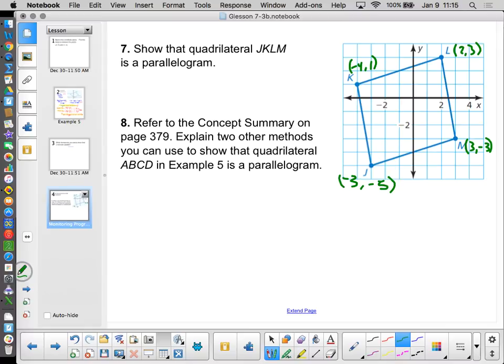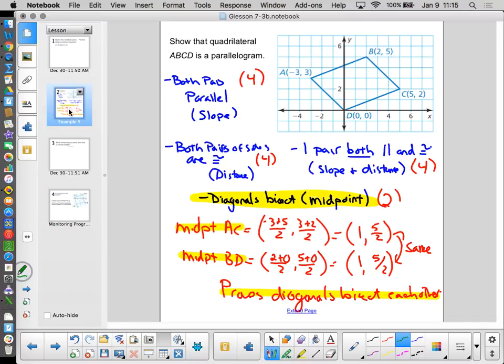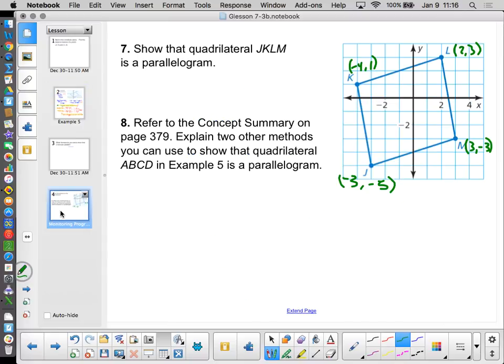Okay. I want to prove that this is a parallelogram using a method different than what we used here. So we used diagonals bisect already. We need to choose both pairs of sides parallel, both pairs of sides congruent, one pair of sides parallel and congruent, or whatever else. So again, it's kind of up to you to choose what method you'd use in a situation like this.